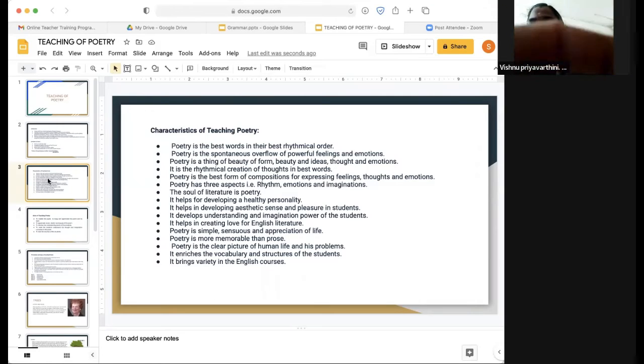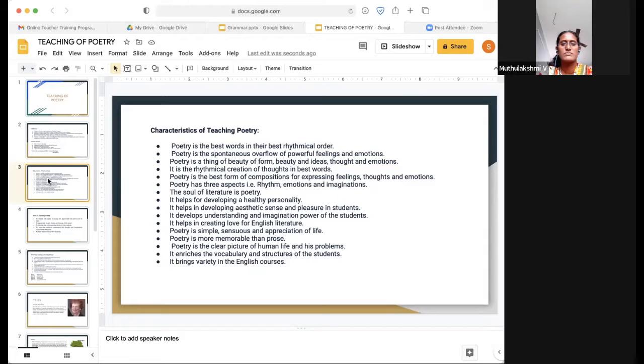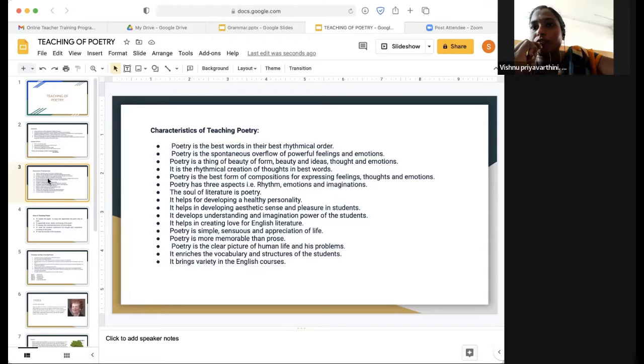Characteristics of poetry. Poetry is the best words in their best rhythmical order. Poetry is the spontaneous overflow of powerful feelings and emotions. Poetry is a thing of beauty of form, beauty and ideas.